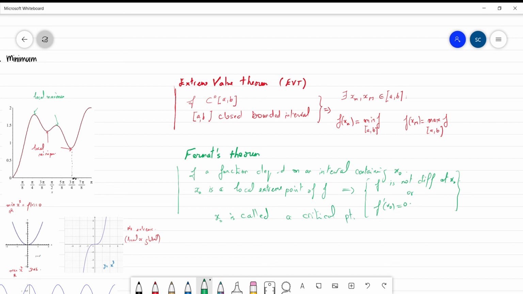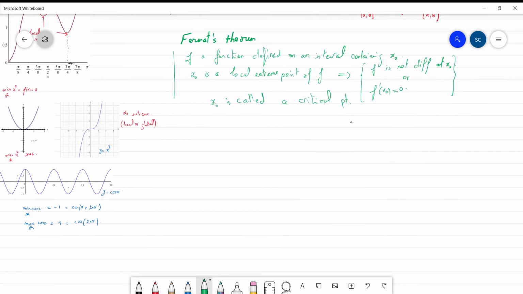So this is what the theorem says: if my function has a local extreme point, necessarily my point is a critical point. A critical point means f is not differentiable at this point, or if f is differentiable, necessarily f prime at x0 is 0.